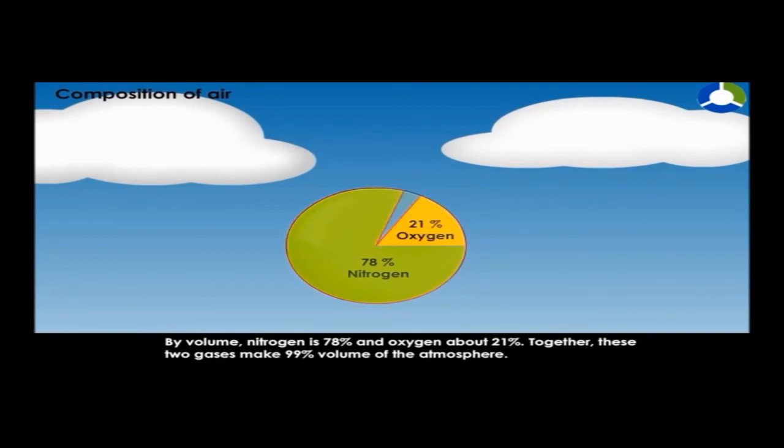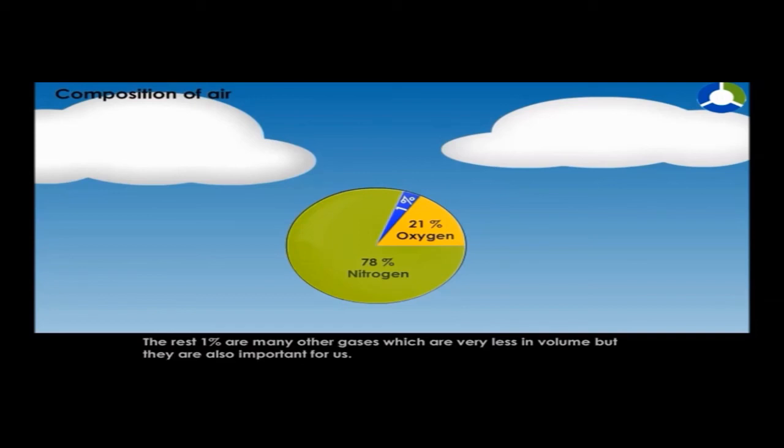Together, these two gases make 99% of the volume of the atmosphere. The rest, 1%, are many other gases which are very small in volume, but they are also important for us.